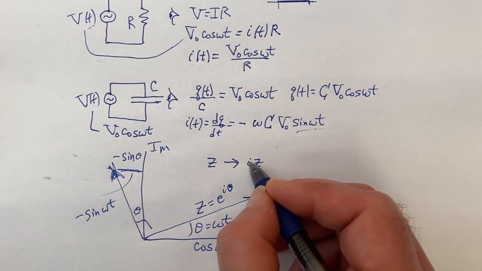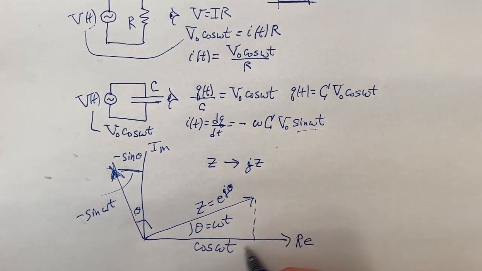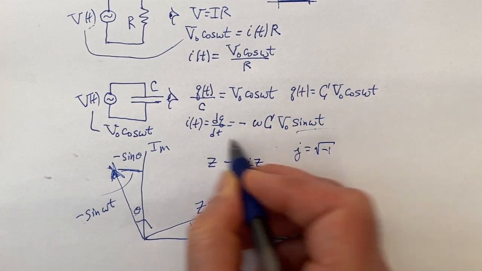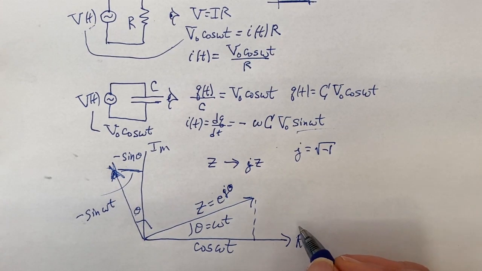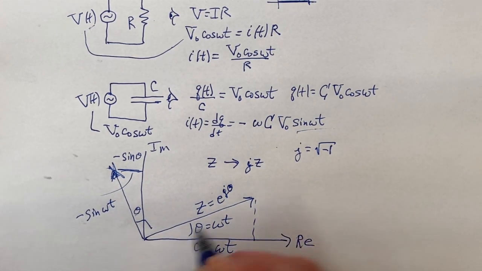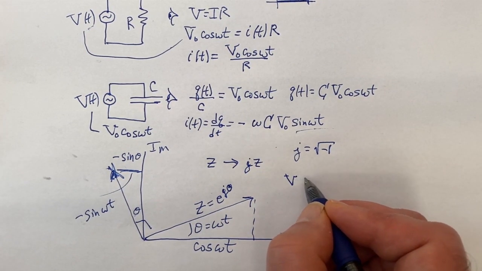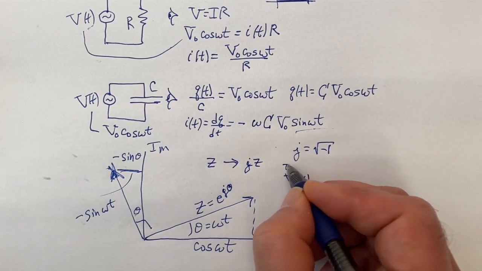Now we can't use i because we have to make these j's in honor of the engineers, because i is being used for the current, and current is sacred. So here what we're saying is that if you look at the voltage that's driving the system, this is the input voltage.